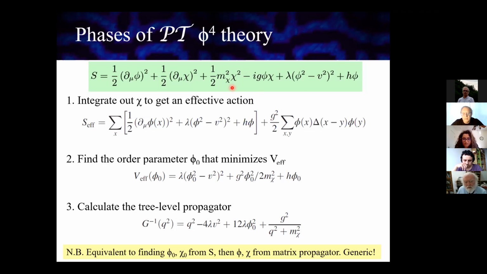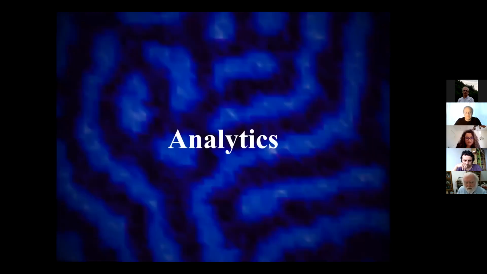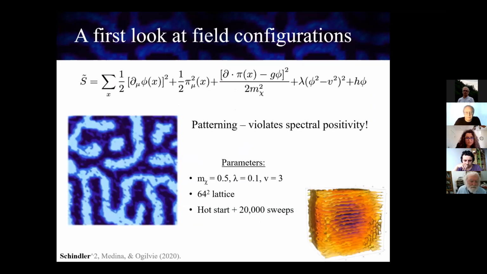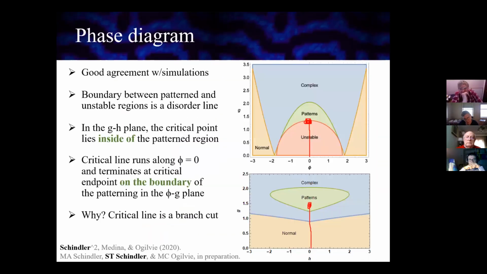Stella, can you go back to show the phase diagram of the phi to the fourth model? Okay. So this is not an answer to your question, but it's a related answer. Because when you integrate out the PT symmetric field and you get a non-local interaction, it's all a function of G squared.